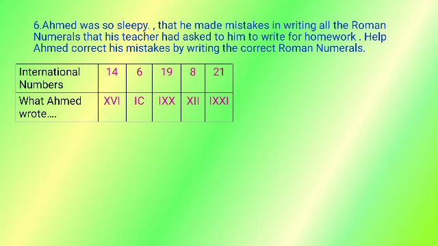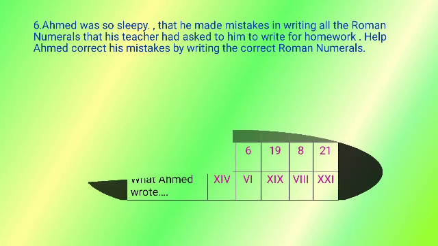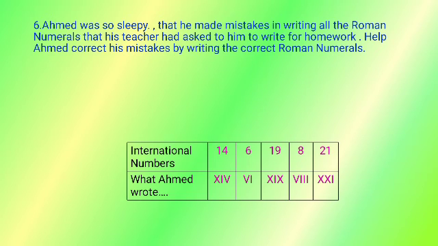So now we are going to correct these answers. This is the correct answer. 14 is XIV, 6 is VI, 19 is XIX, 8 is VIII, and for 21 we have to write XXI.